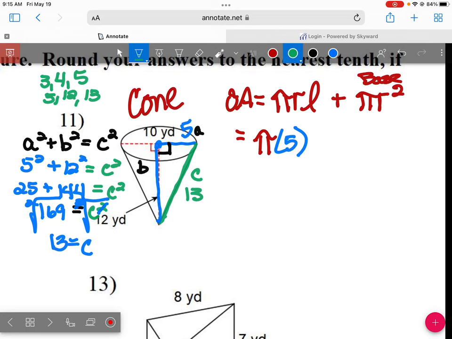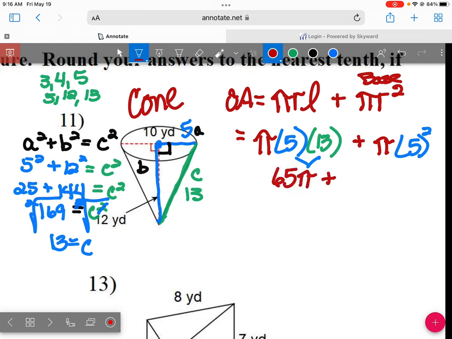So my slant height here is 13 plus pi times radius, it's still 5 squared. So I'm going to take 13 times 5 and get 65 pi plus 5 squared is 25 pi. And yes, you could multiply those out there, but you can treat this pi symbol like a variable.